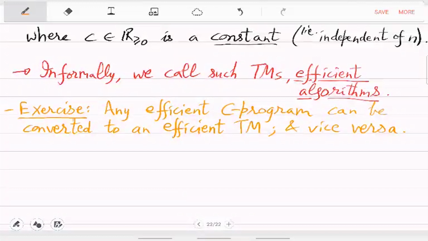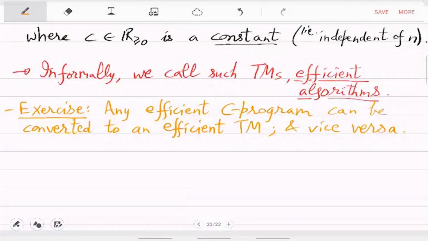Converse is true because whatever a C program or a computer program will do during execution on an input, it can be faithfully simulated by Turing machine steps. So the Turing machine will also have few steps. Okay, just convince yourself about this.